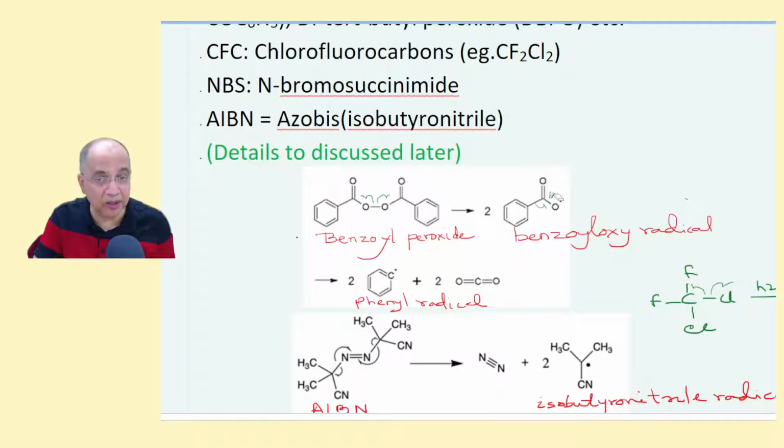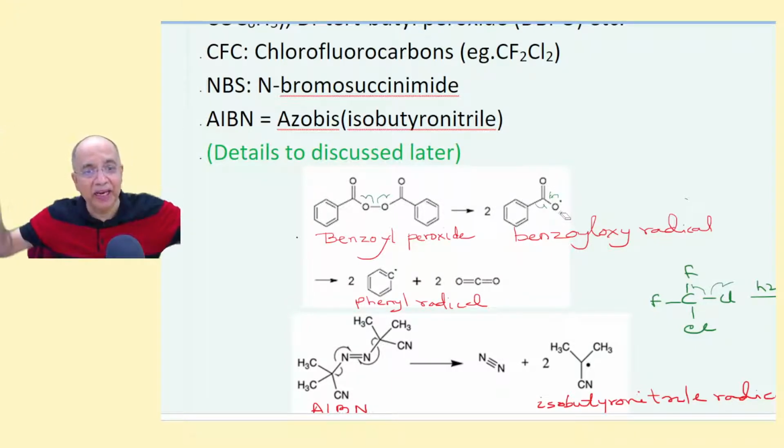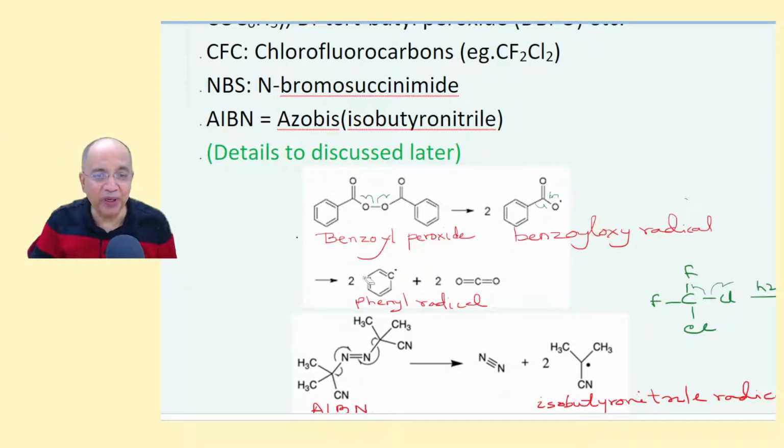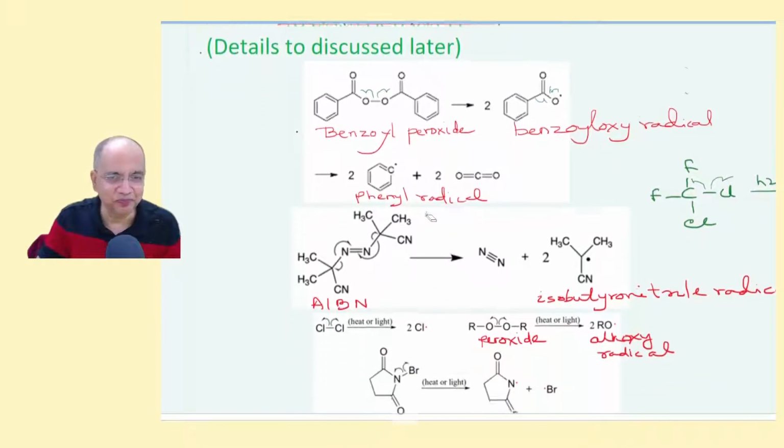One dot will come here, one dot will come here and form a double bond, and carbon dioxide will fly away. And then you get phenyl free radical, which is not stable. But these two types of radicals are produced from the homolysis of the benzoyl peroxide initiated by light or heat or both, usually heat.